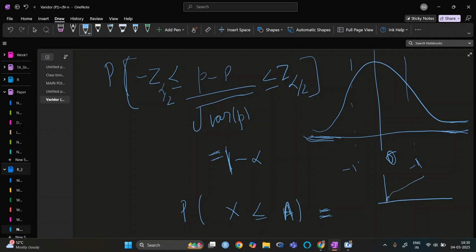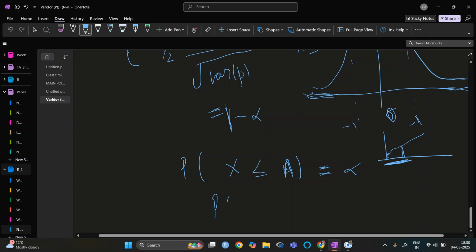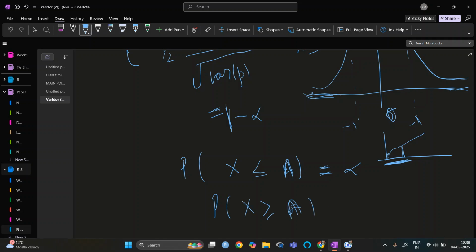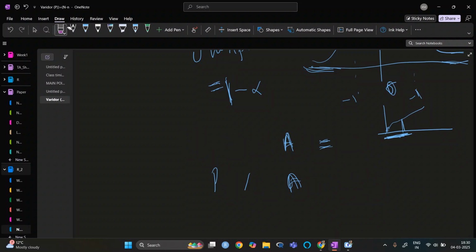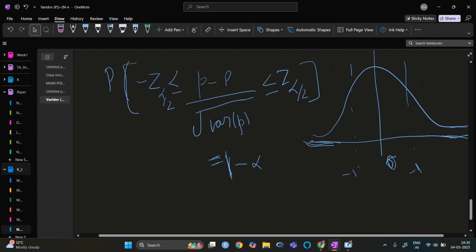So we say that some x less than or equal to a, this probability is alpha. So the probability that x is greater than or equal to a will be 1 minus alpha. So from there we can see that. So here it is alpha.